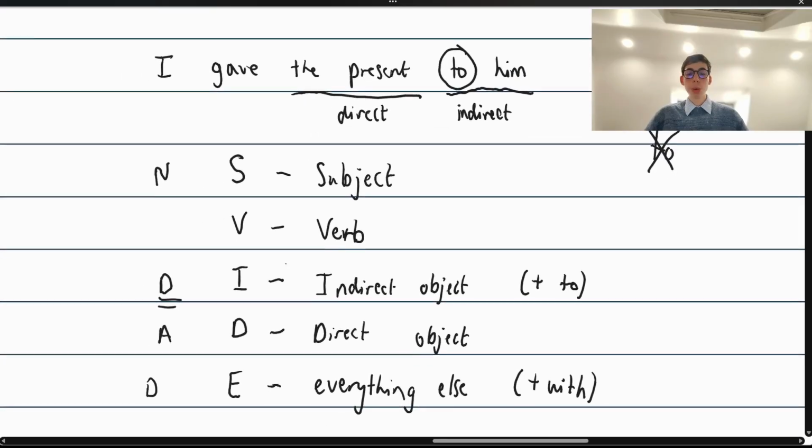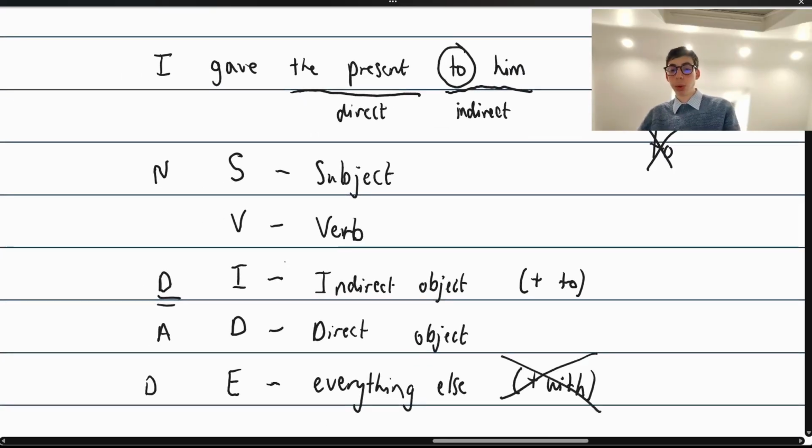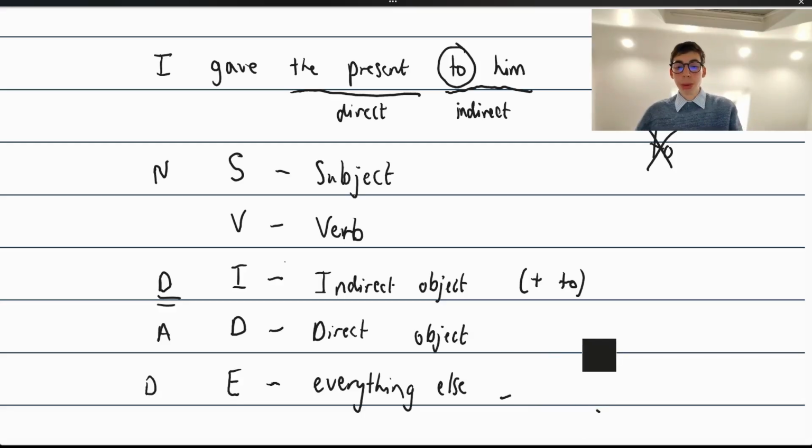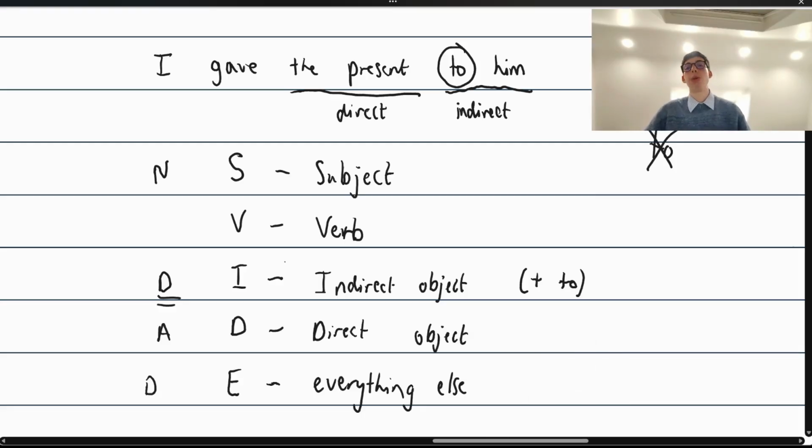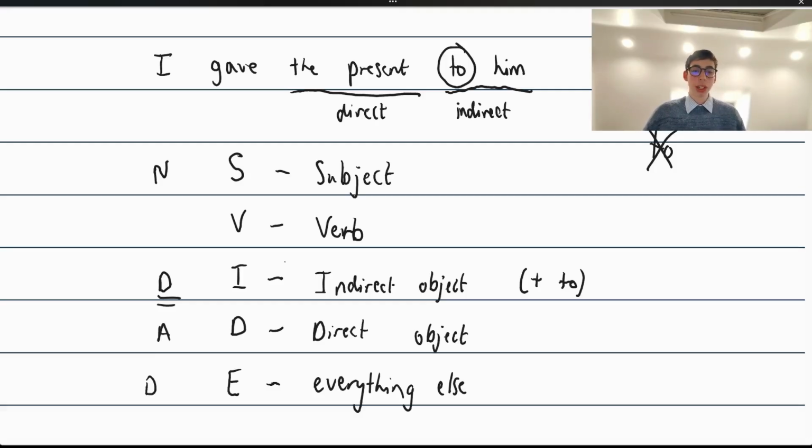If I'm talking about with, ignore this, we're not talking about that right now. So I'm going to rub that out. When we're talking about with, that's not to, that's a different preposition, isn't it? So it's not our indirect object. It's obviously not our direct object either. Our direct object is Wølfterek. So it's going to be forced into the everything else.